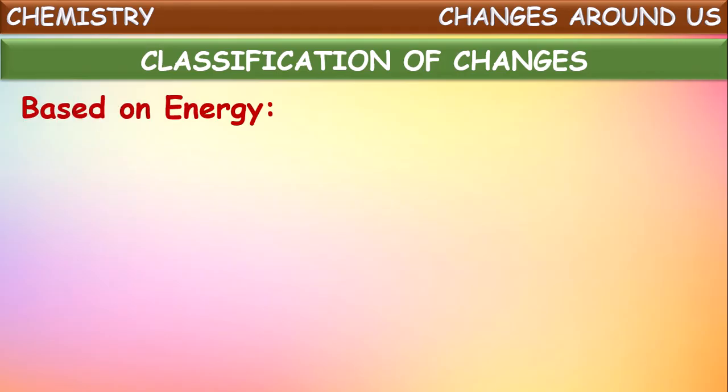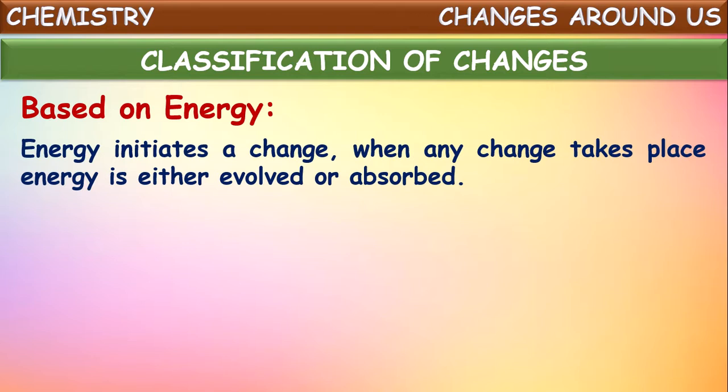So, the classification of changes based upon the energy, let us see now. Based upon the energy, changes can be classified into two types. Let us see what those two are. Energy initiates a change. When any change takes place, energy is either evolved or absorbed in that change.